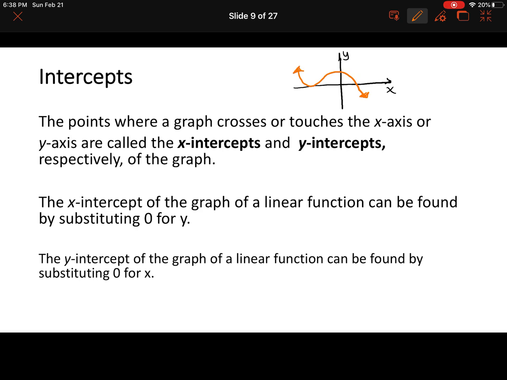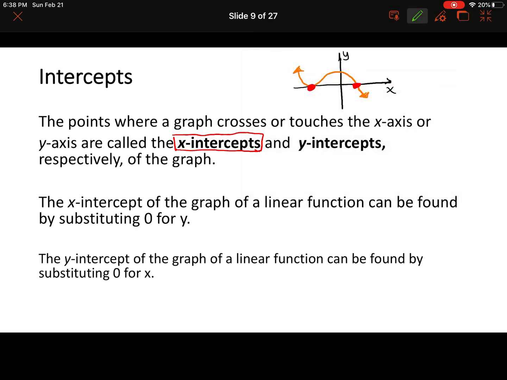So x-intercepts are where it crosses or touches the x-axis. Right here we have a touch. So that's an x-intercept. Putting the x-intercepts in red. Over here we have a cross. It crosses the x-axis. All right, so we have two x-intercepts.